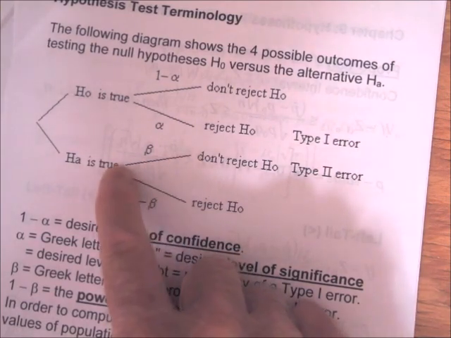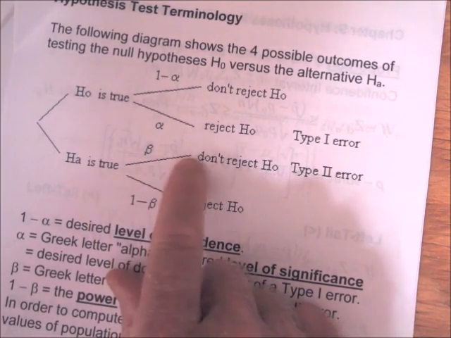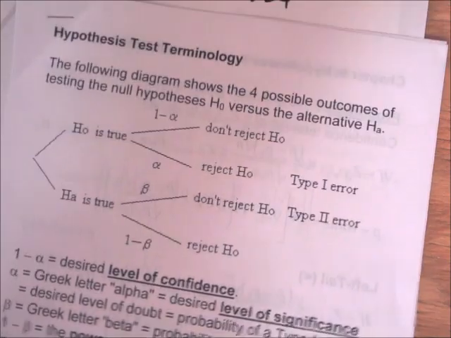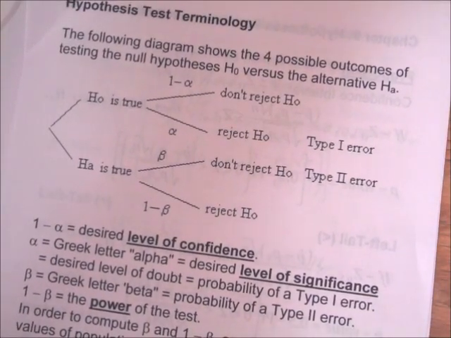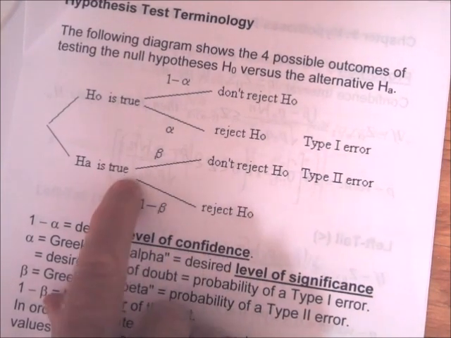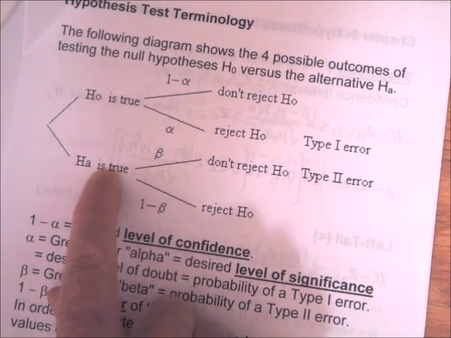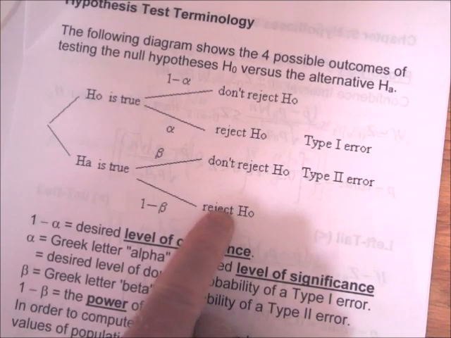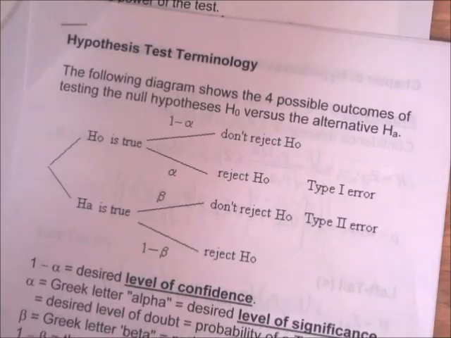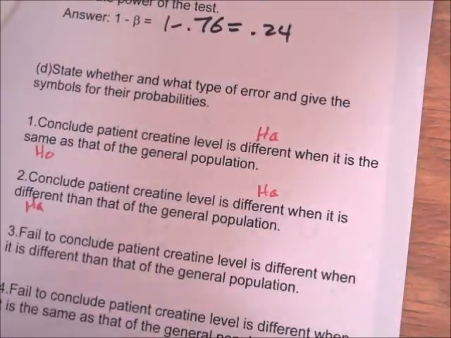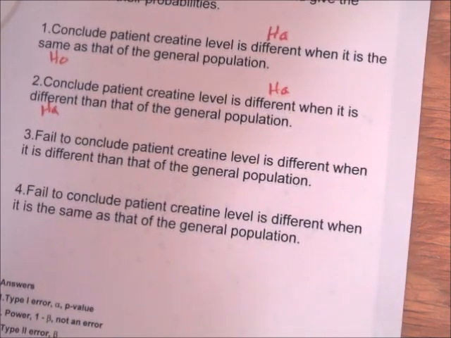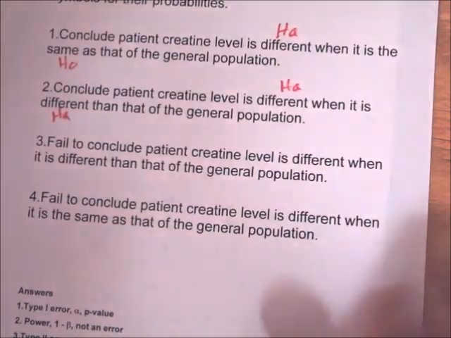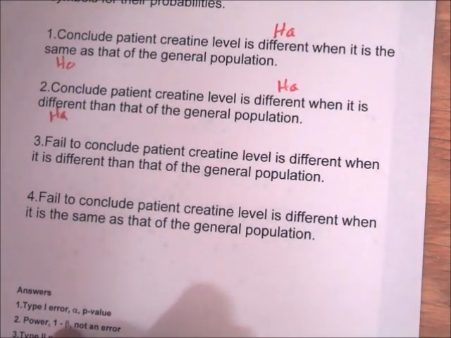So we reject H naught, and HA is true. So that means it's different. That's going to be the power of the test, and that's not an error. That's 1 minus beta. So the answer is the power, 1 minus beta.